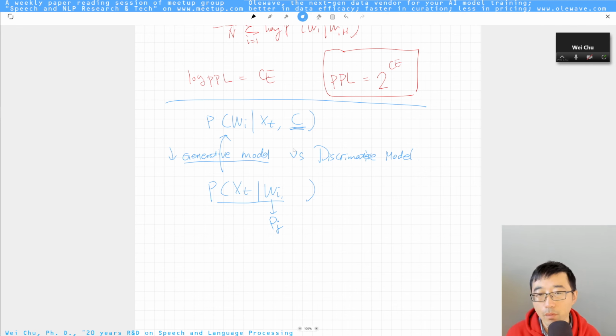Of course, one word can have several phones. And then for each phone, suppose you're using a left-to-right 3-state HMM, you can further map each phone into certain states. So each phone can have 3 states. Then in this way, you turn the estimation of this probability into this one.